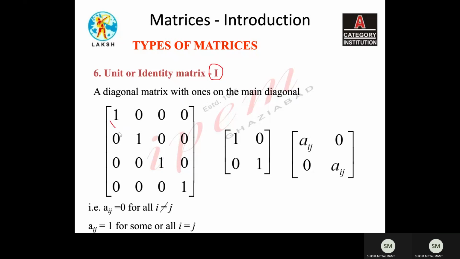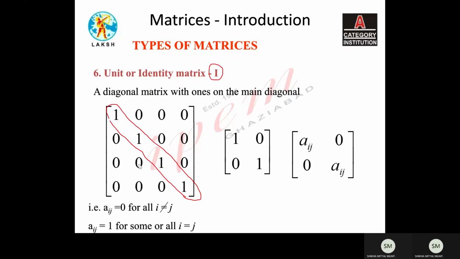So here the main diagonal is 1, 1, 1, and all other elements above and below the principal or main diagonal are equal to 0.